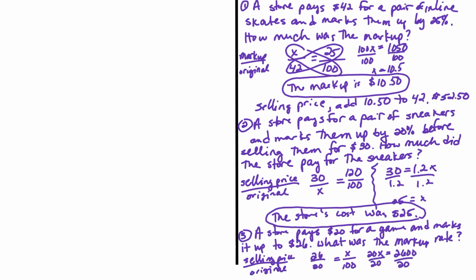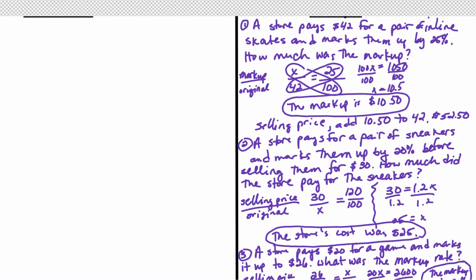Divide both sides by 20, and I find out that the selling price percentage is 130%. But what does that really mean? It means the markup rate is only 30%. Because the original is 100% and they sold it for 130%, which makes the increase 30%. Wrap your brain around that for a second. Pretty logical.